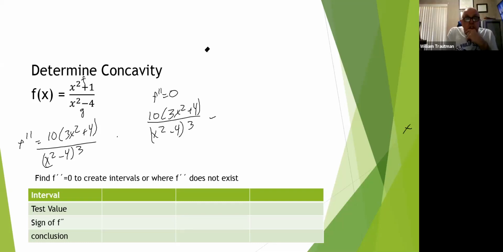Exactly. Do you see, by the way, just going through the algebra for it, if I multiply both sides by the bottom, x squared minus 4 to the third, do you see how those cancel? 0 times that is still 0. So what we're left with is 10 times (3x squared plus 4) equals 0.